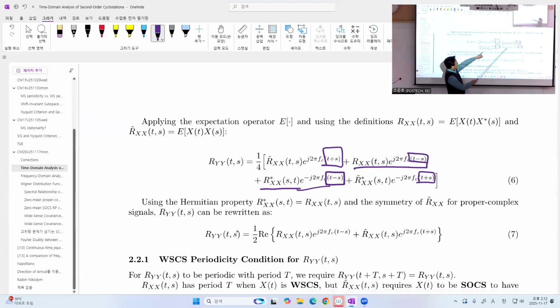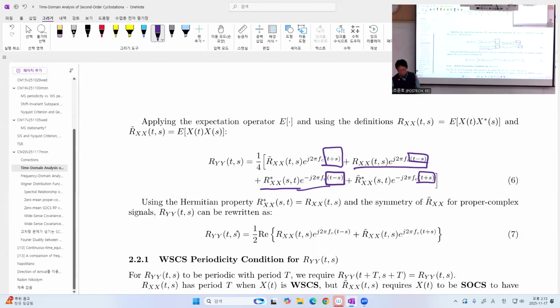Anyway, by grouping these two and that two, we can rewrite the autocorrelation function as 1/2 of the real part of the autocorrelation times e to the j 2 pi fc (t minus s) and complementary autocorrelation of x times e to the j 2 pi fc (t plus s).